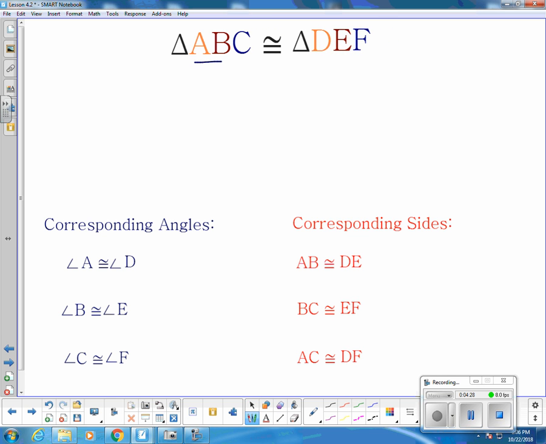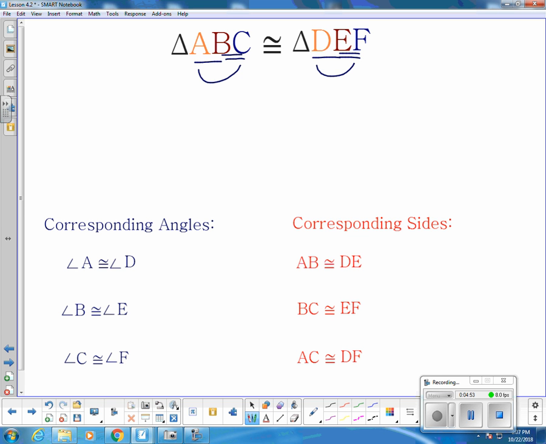AB corresponds to DE, and AC corresponds to EF, and BC corresponds to EF, just based on the location of the letters. So the congruent statement is very important because it's showing you the congruent parts in order. All right? So we should all be able to write these congruent statements just from the name. You can do that?